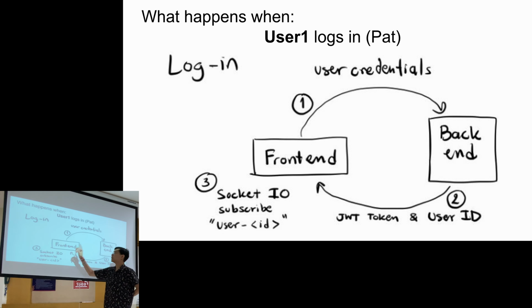Then we made the front end subscribe to this particular channel event, so that whenever the user wants to receive a notification, they can get it directly from the WebSocket server. This will be the identifier on which notification should go to whom.